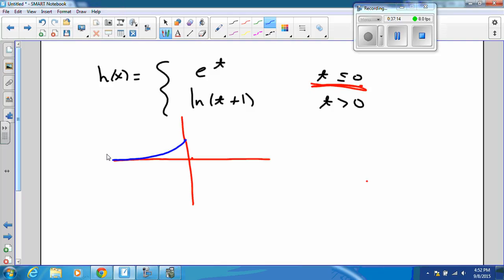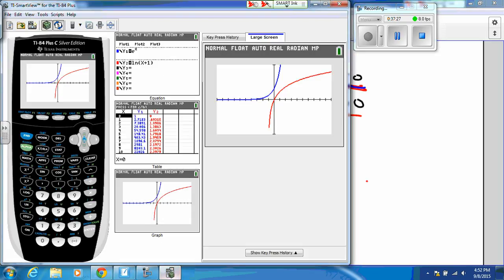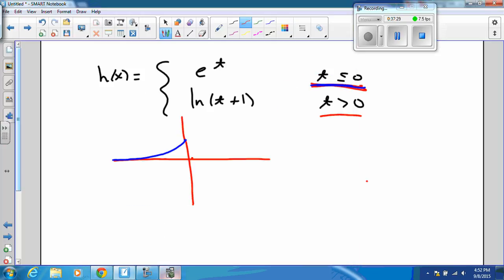Then for t greater than 0, my graph is going to look like the bottom graph here in red. And it's going to have a hole right at t equals 0, because this domain is only valid for t greater than 0. And that's it.